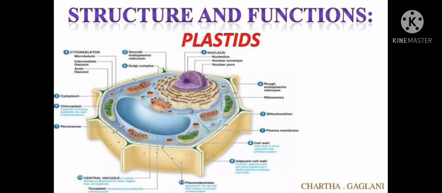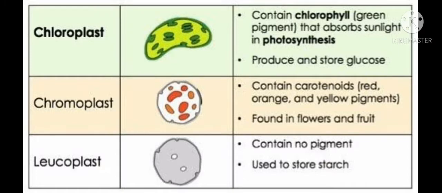Let's see one by one. First, chloroplast. Children, see here, just split the name: chloro and plast. Chloro stands for green, and plast means pigments. So the chloroplast contains the green pigments that absorb sunlight in photosynthesis. In this they produce and store glucose.